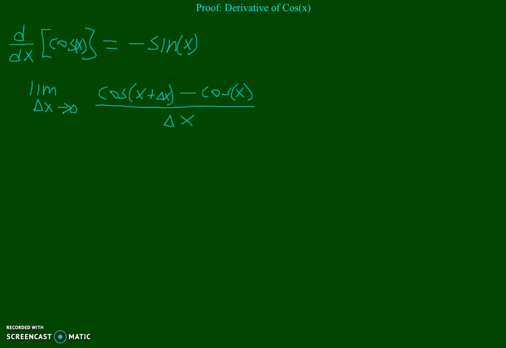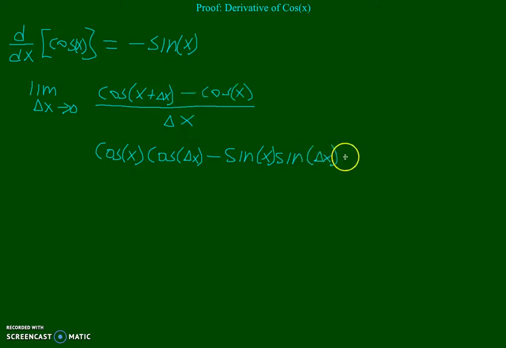Now the next step is going to be to expand this term using the sum identity for cosine. So the sum identity for cosine is going to give us cosine of x cosine delta x minus sine x sine delta x.